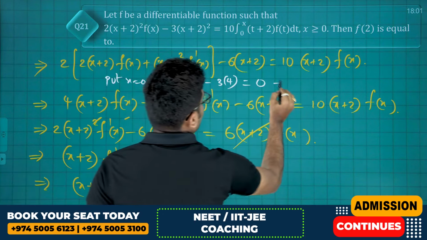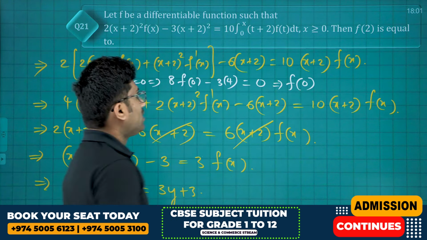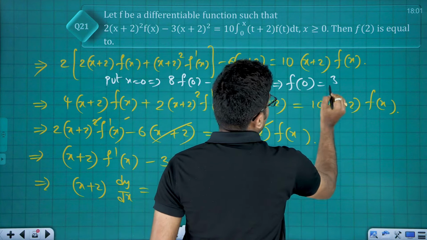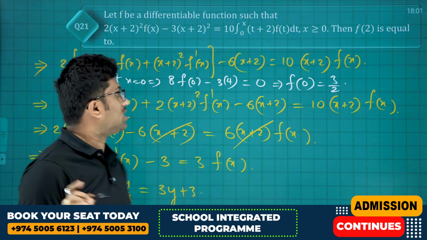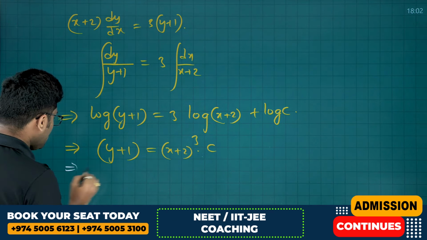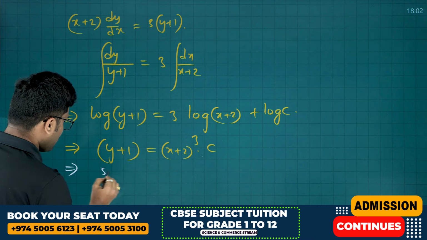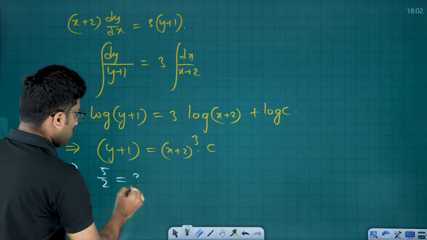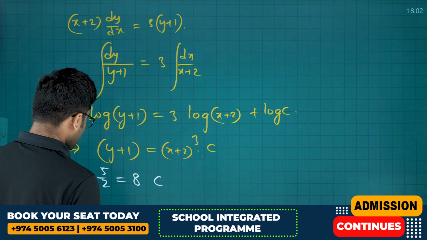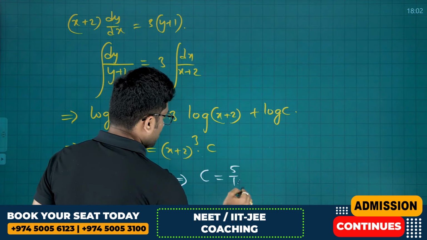So f of 0 is nothing but 12 by 8, which is equal to 3 by 2. f of 0 is 3 by 2, friends. If x is 0, y is 3 by 2. So 3 by 2 plus 1, that is 5 by 2, is equal to 8 into c. So clearly c is equal to 5 by 16.